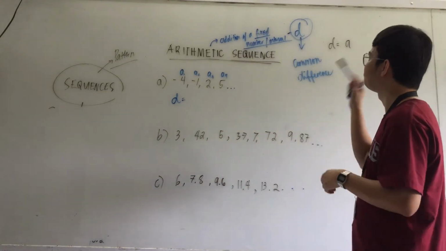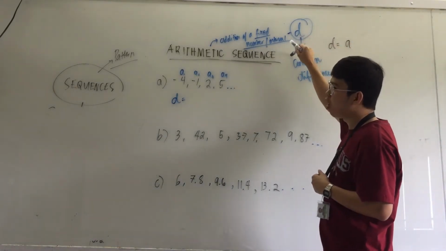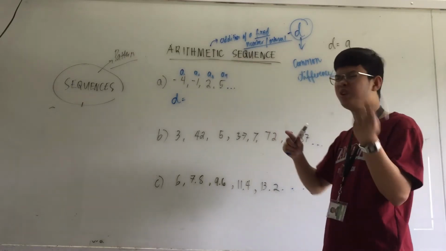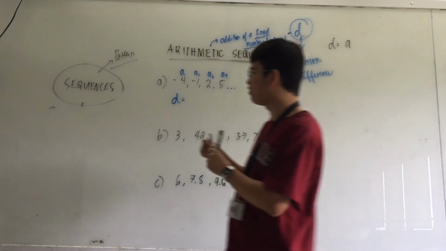As you all know, we need to find the common difference for us to say that this is arithmetic. Now, how do you get the common difference? Let's go back to our previous discussion.